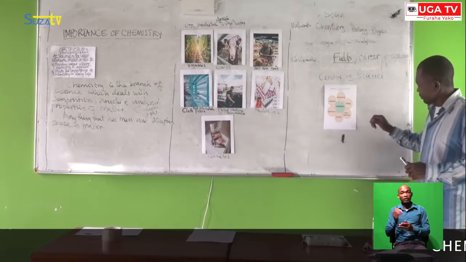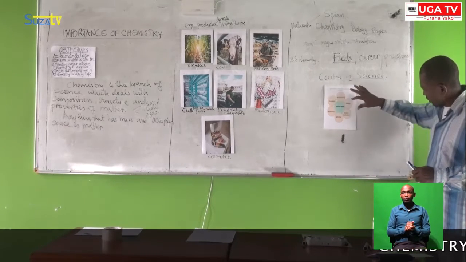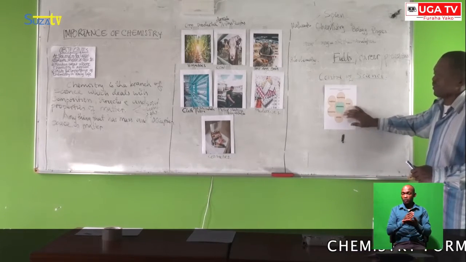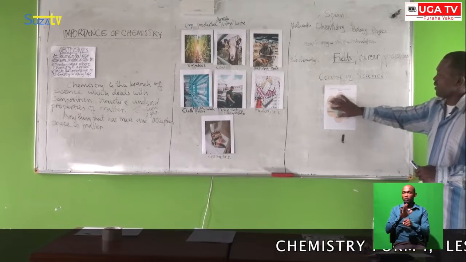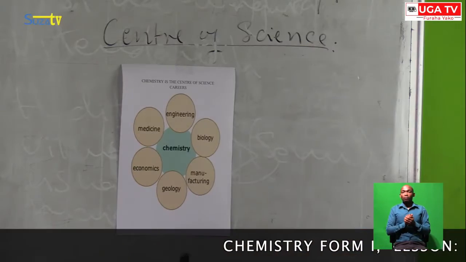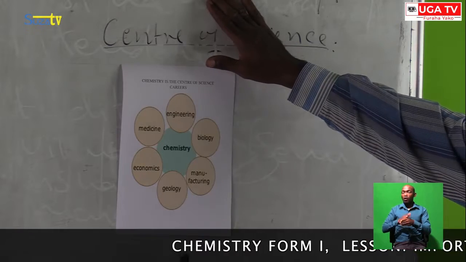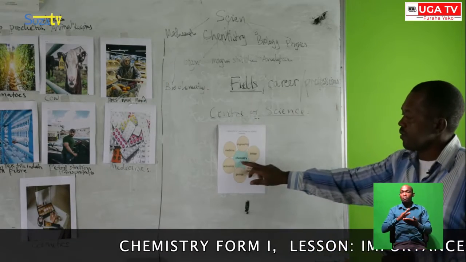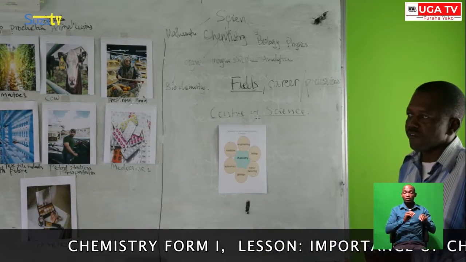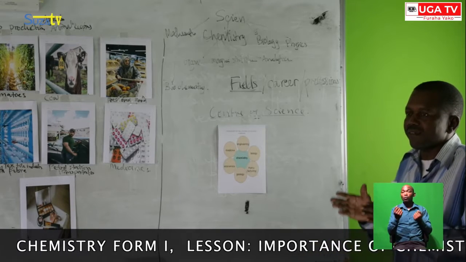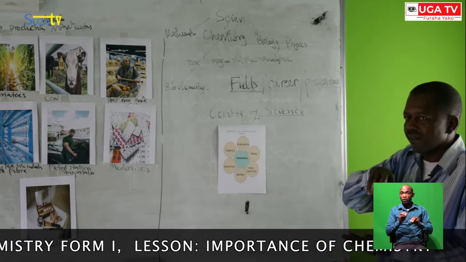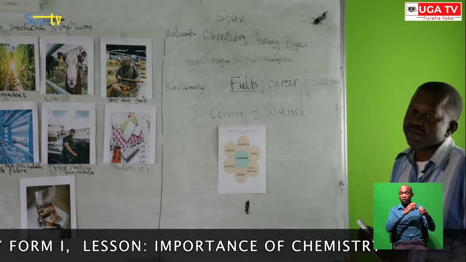I think we are completing this, but there are a lot of career fields or professions where chemistry is involved. So we can see that chemistry overlaps many of the sciences.